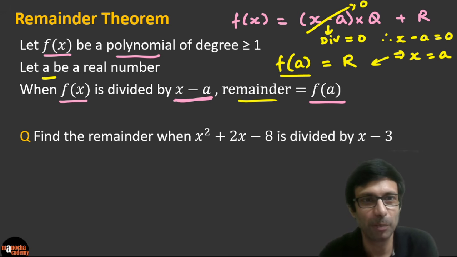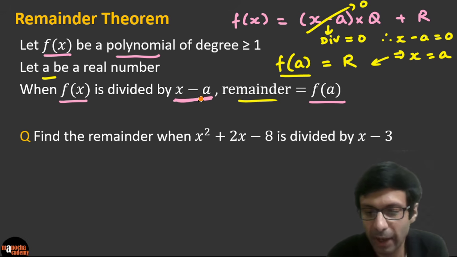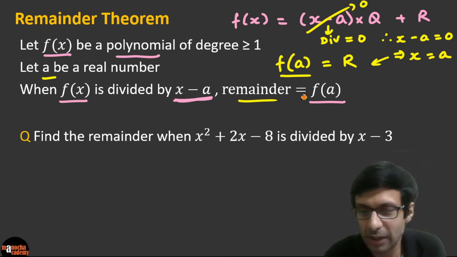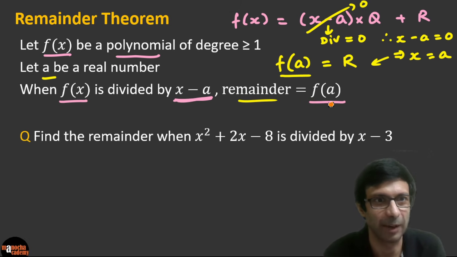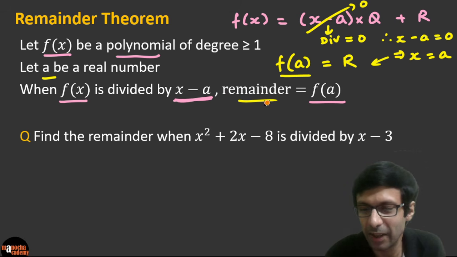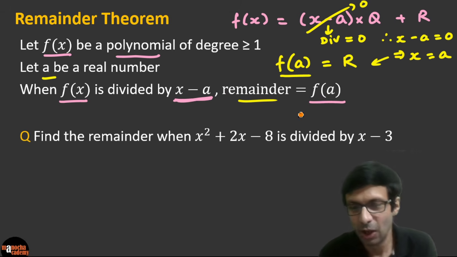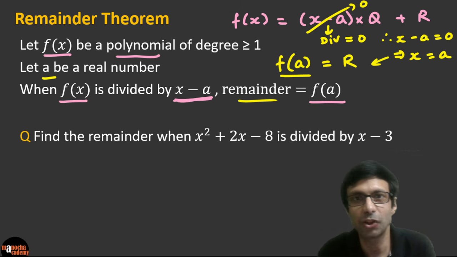So very simple. When f(x) is divided by x minus a, the remainder is going to be f(a). Okay, so now I want everybody to try this question.